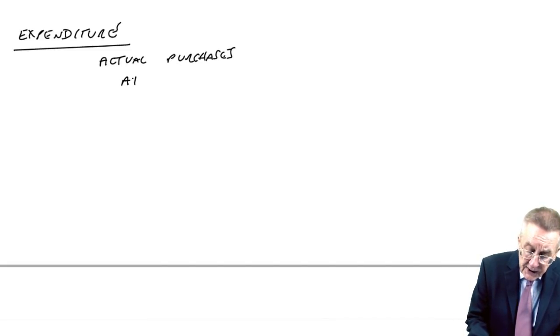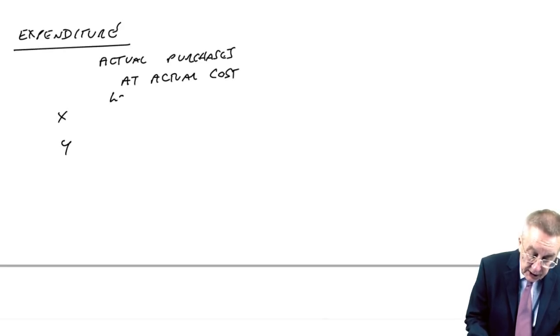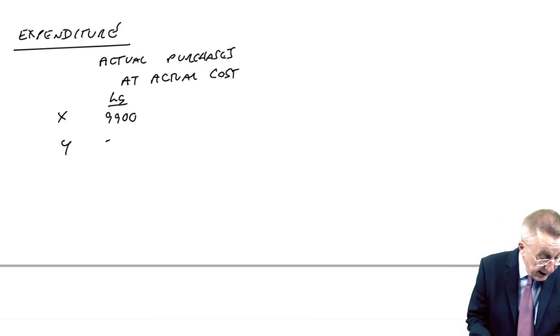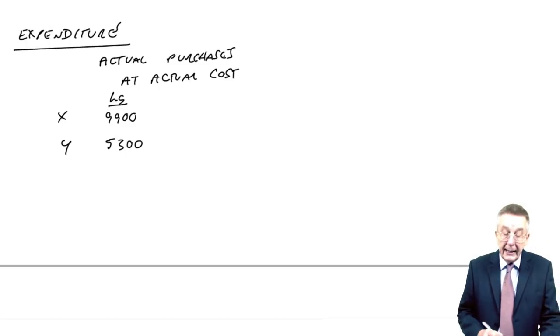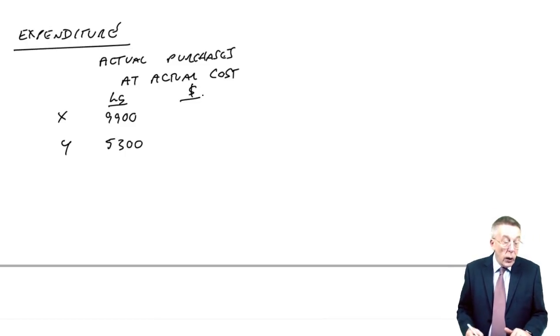So the actual purchases at actual cost, X and Y. In kilos, we actually bought 9,900 kilos of X. We bought 5,300 kilos of Y. And how much did we actually spend in total?